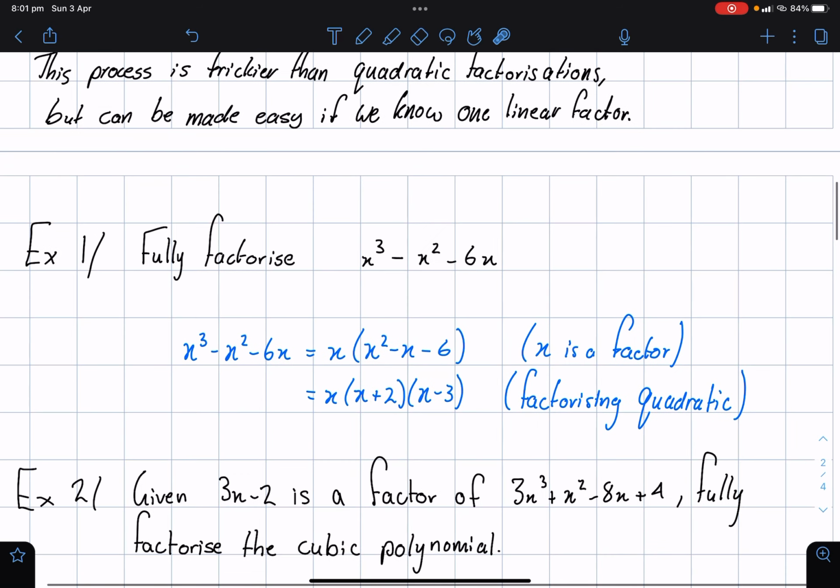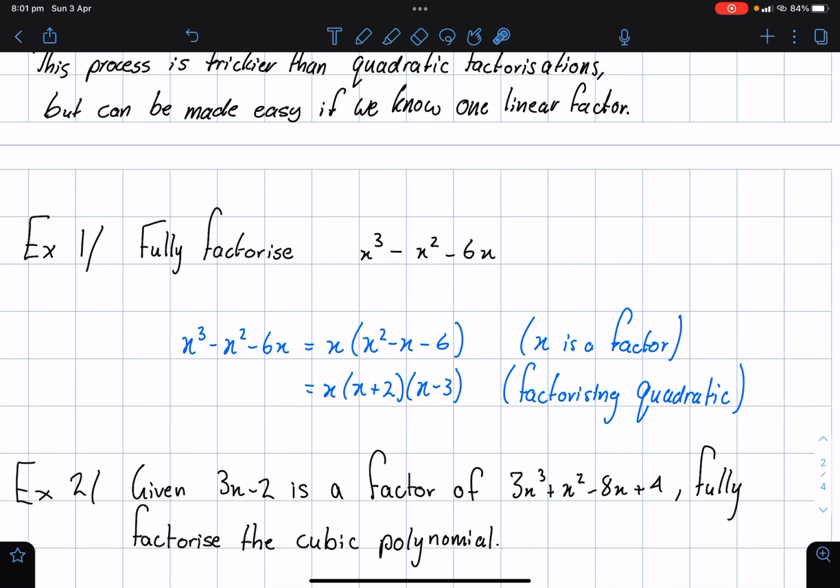The next example will look something like this. Given 3x take 2 is a factor of 3x cubed plus x squared take 8x plus 4, fully factorise the cubic polynomial. If you remember back to the video of polynomial introduction, we can write any polynomial p of x as x take alpha, a linear factor, times a new polynomial.